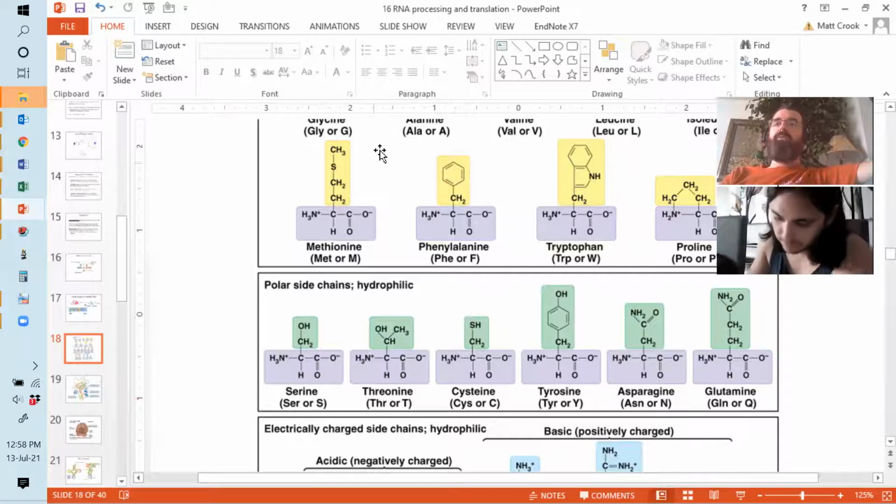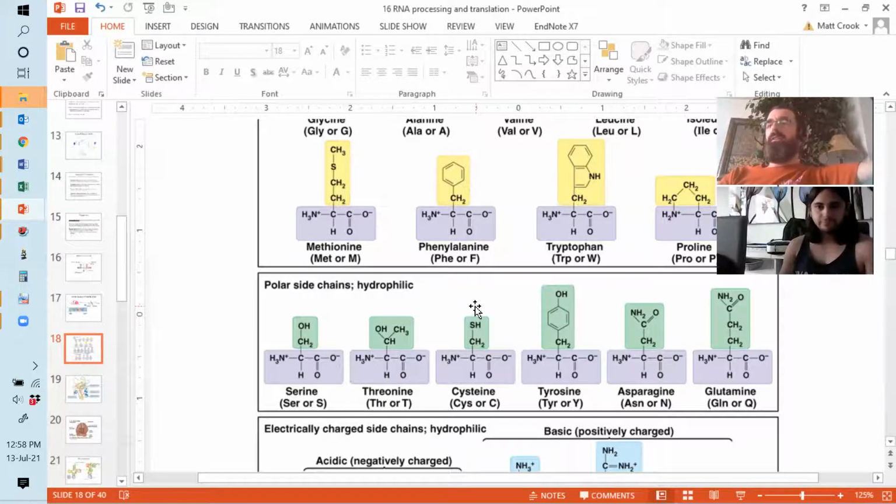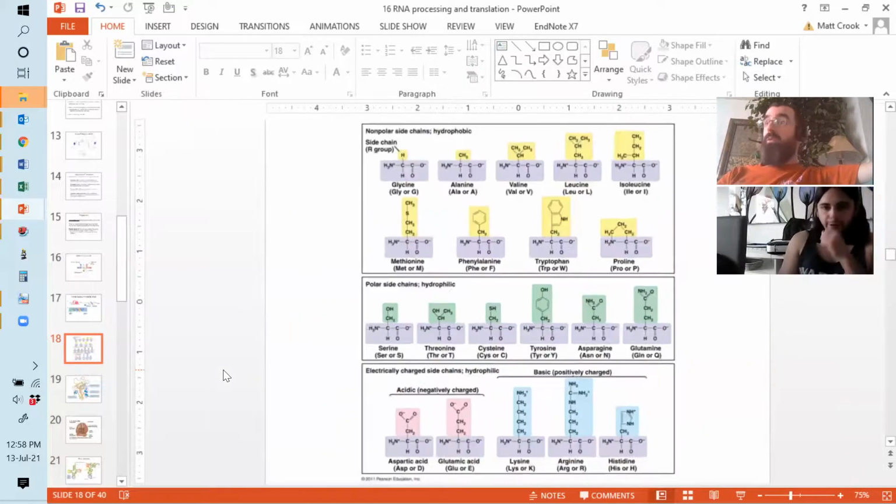All of that comes from the properties of these side chains, and that is encoded in the mRNA and DNA of that gene: what order they're in, how that folds together. So that's what I want you to get from this. Not what these individual things are, but what these different things mean in terms of structure and function. That's what matters, in my mind at least.